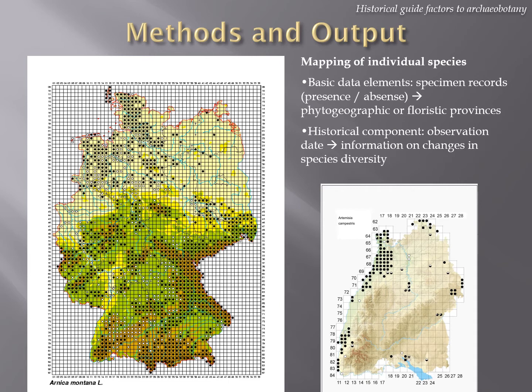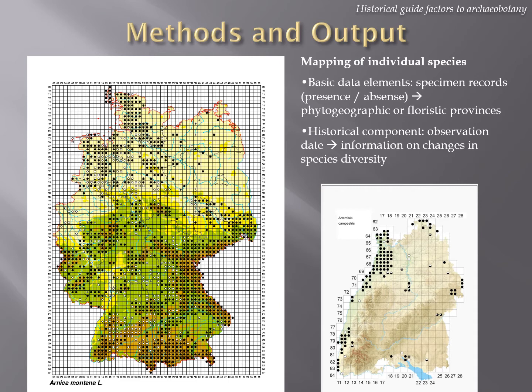The examples show qualitative presence data of Arnica montana in Germany or Artemisia campestris in southwestern Germany. The signatures are in most cases indicating the time of observation.